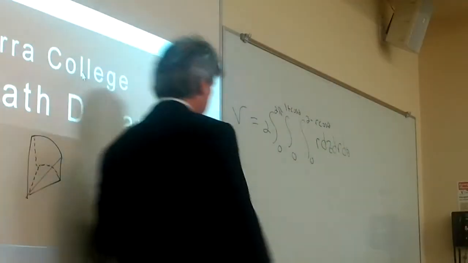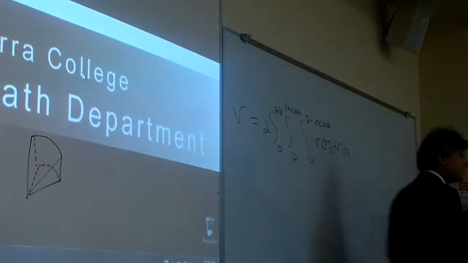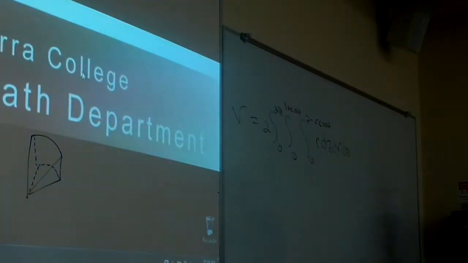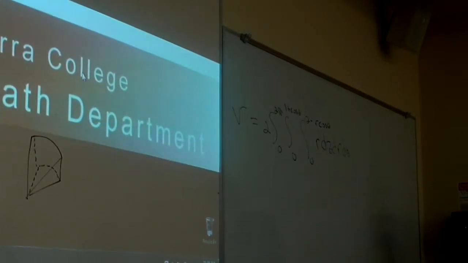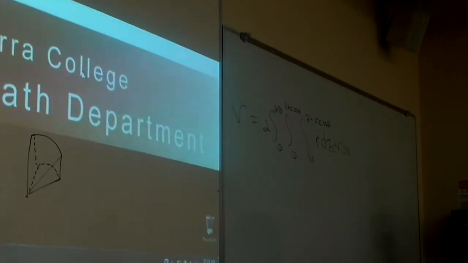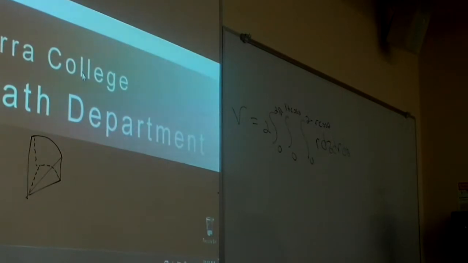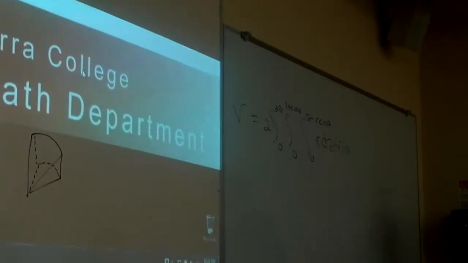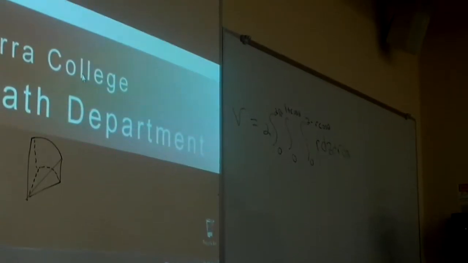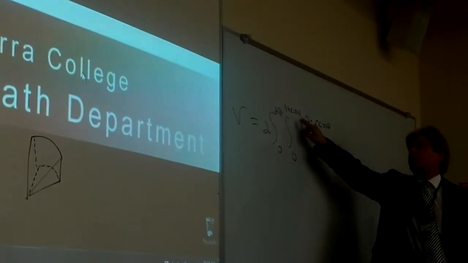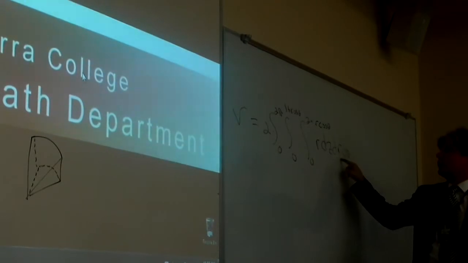Eric, would it make our lives easier when we're doing this to convert all of the r's to 1 plus cosine thetas? Because we're stating it right there, and that way we only have one variable. Would that work? This right here is really going to be a bound for the r variable.